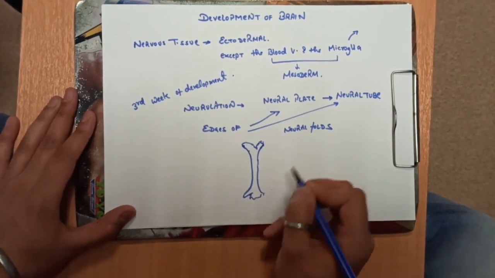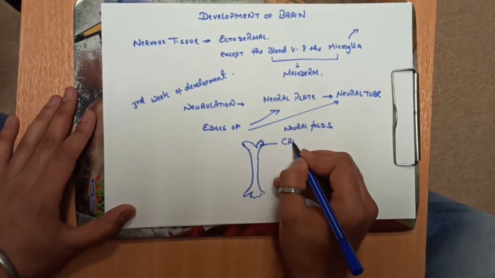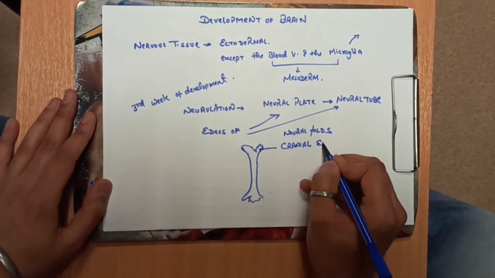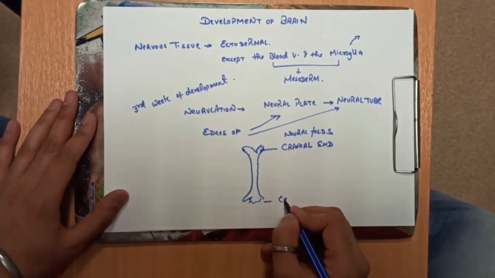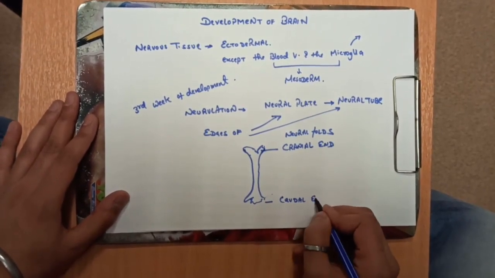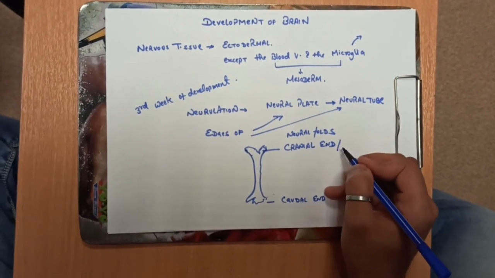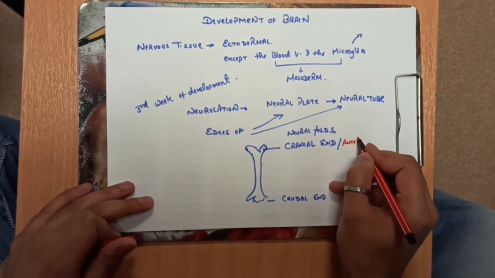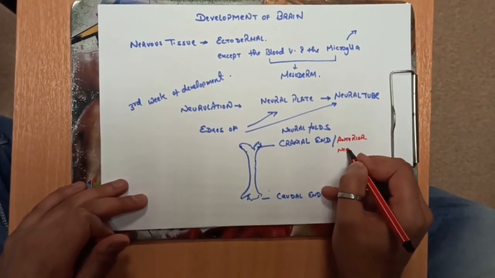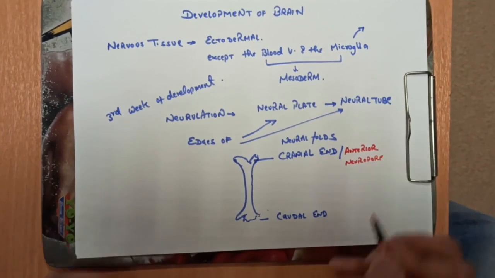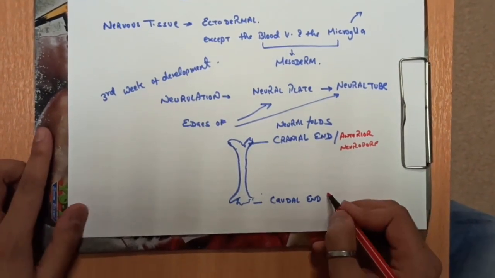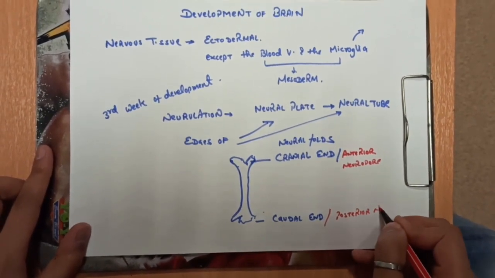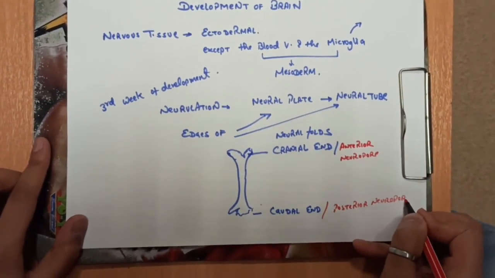This part of the neural tube is called the cranial, and this is called the caudal end. This part is called the anterior neuropore, and this caudal end is called the posterior neuropore.